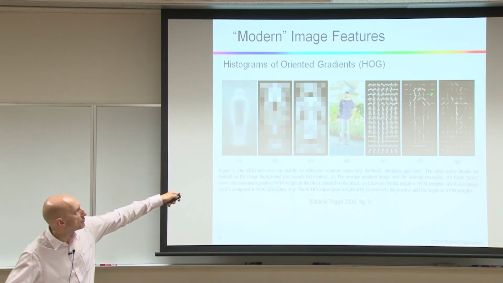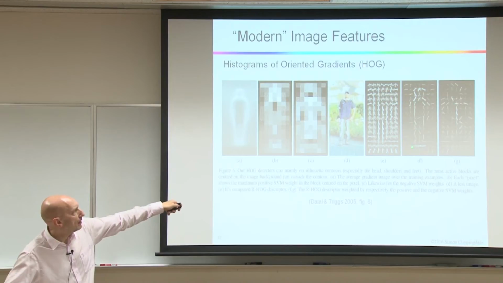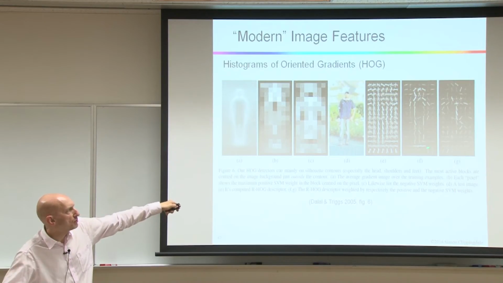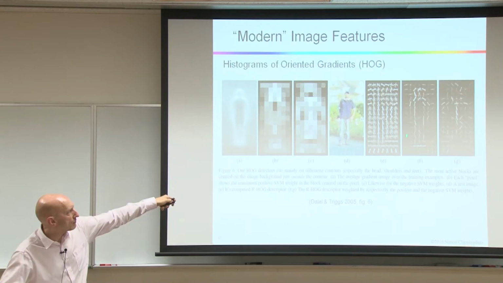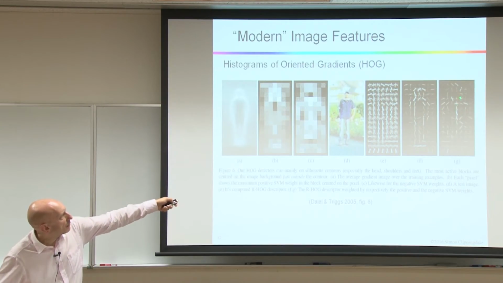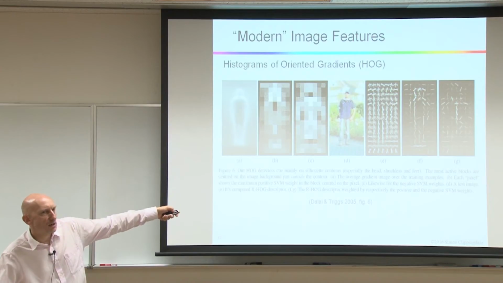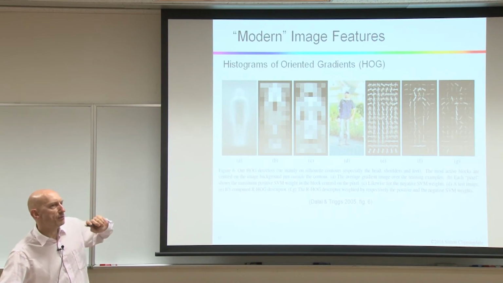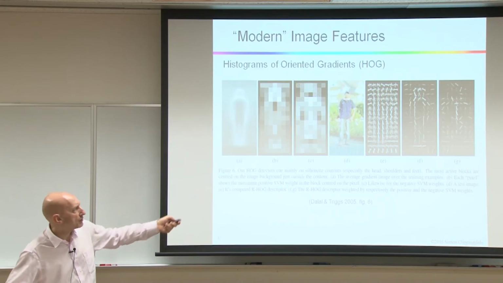So you can see boundary around the head, boundary at the bottom of the shoes, boundaries around the legs and arms. Conversely, if these orientations are active, then that's evidence against the region being a person.